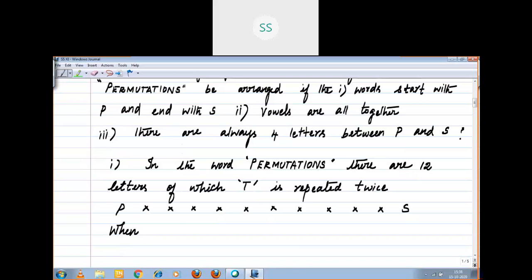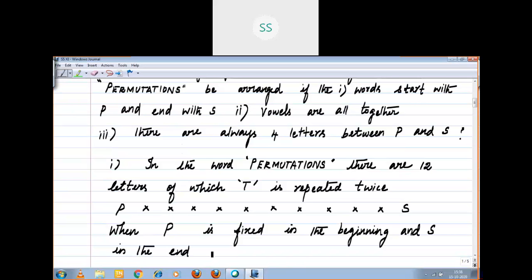Now, when P is fixed in the beginning and S is in the end, the remaining 10 letters go in 10 places.